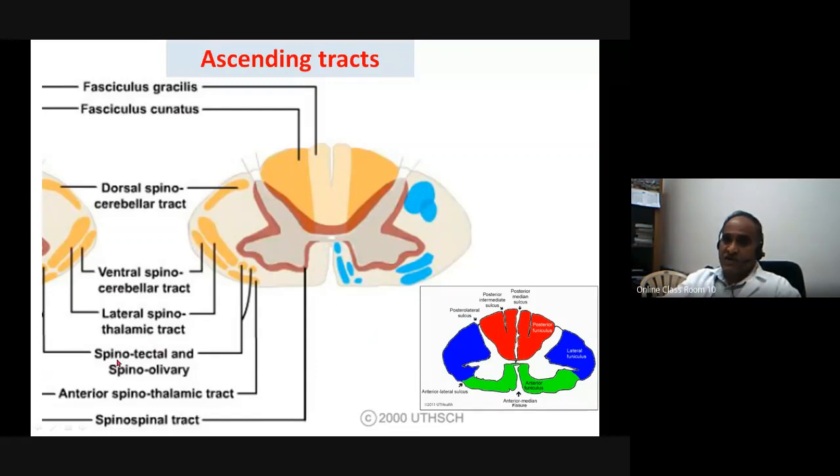Now the spinotectal and the spino-olivary tracts will ascend, going to the tectum and the olivary nucleus. These marginal things are for the intersegmental spinospinal pathway. Lissauer's tract is here, and this Lissauer's tract also ascends and descends to the intersegments.